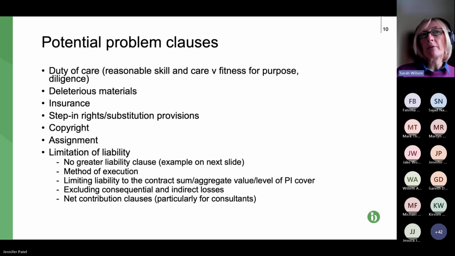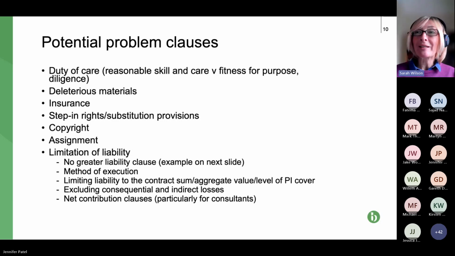Second clause would be about not using deleterious materials. Typically, you would expect to have a clause like that in the main contract. So again, they should mirror each other. Third, you'd expect to have insurance provisions, and again, they absolutely must mirror the provisions in the contract. And you might think, well, of course, if the employer's, the client's, lawyer has prepared this, they are definitely going to mirror each other.